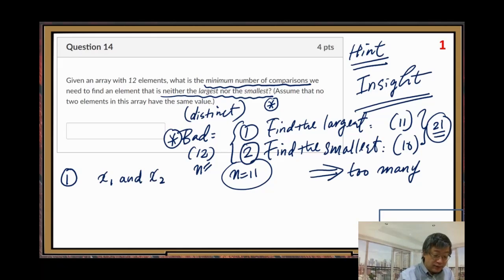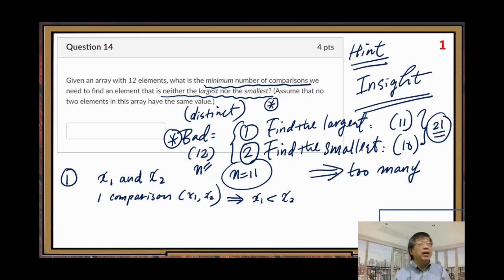One comparison between X1 and X2. You can assume X1 less than X2, without loss of generality. One smaller, one bigger, right?